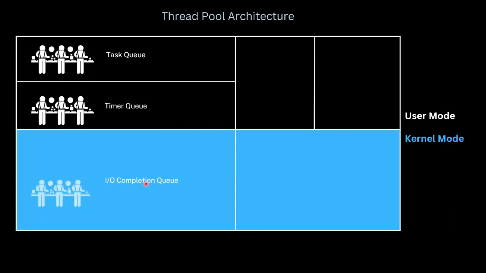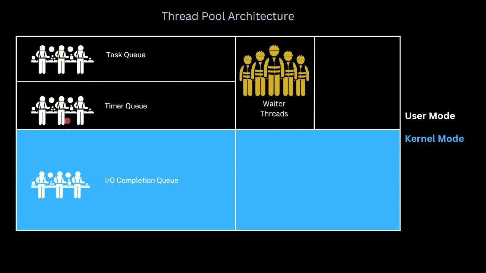In the same way, in the thread pool, you have workers working on different queues, doing different processing activity for an application or a process. Then you also have waiter threads, which are waiting for some kind of event or signaling to happen to start their work.